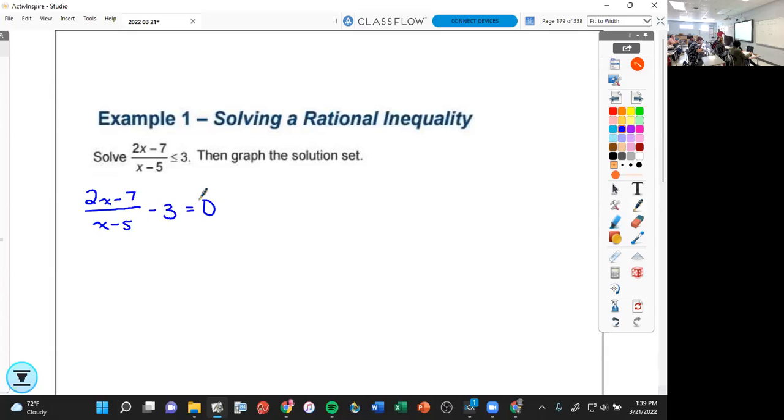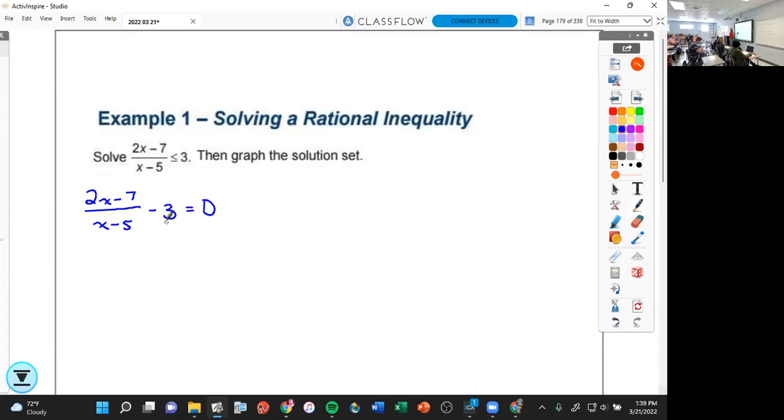No, you can't combine those. She's wanting to combine the 3 with the 2x minus 7. You can't do that. If I wanted to combine these two things, is 3 a fraction?